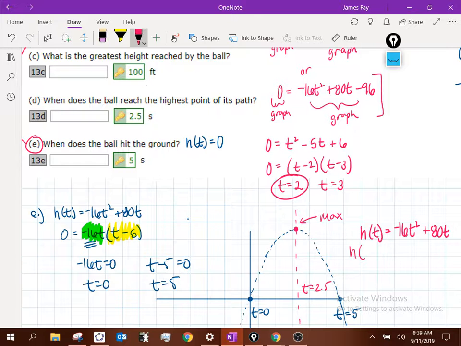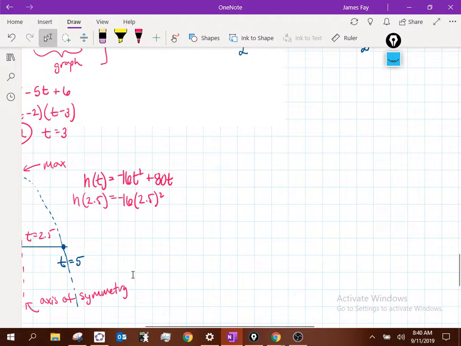So the notation we use is that h of 2.5 is equal to negative 16 times 2.5 squared, plus 80 times 2.5. Okay, if we work that out, negative 16 times 2.5 squared gives me negative 100, plus then, 80 times 2.5 is 200.